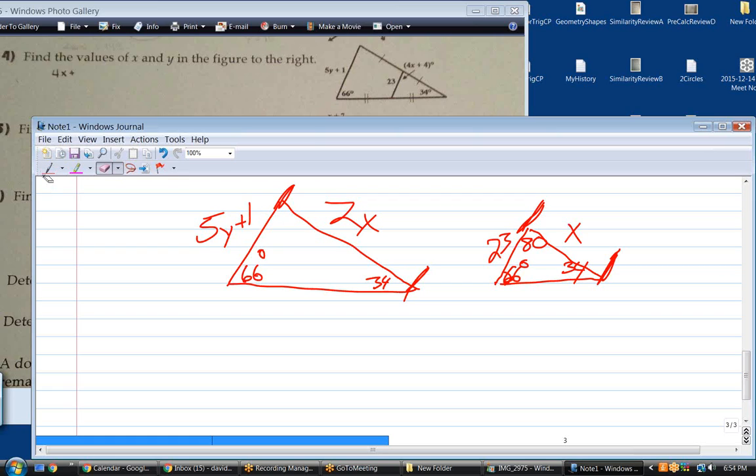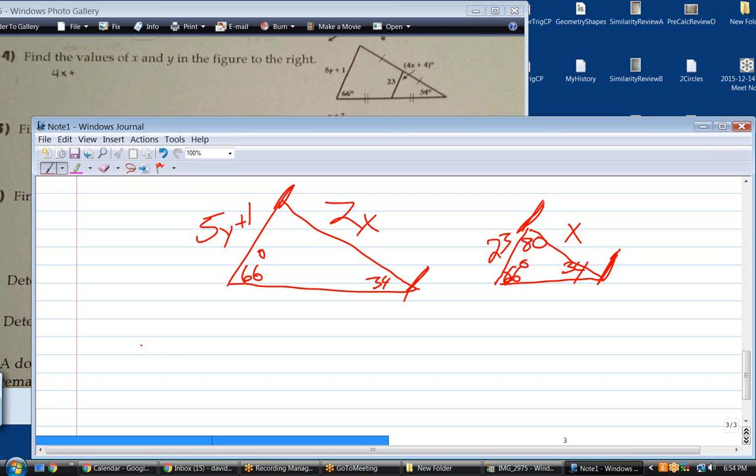That one's 23. They have to be twice what 23 is? Correct, which is? 46. Okay, now what equation can I write to solve for y? Because if we go back and look at the question, we have to solve for x and y. The question was not solve for that side, but solve for y.